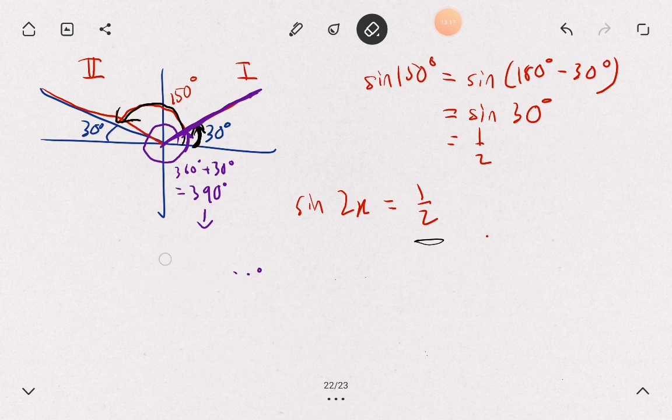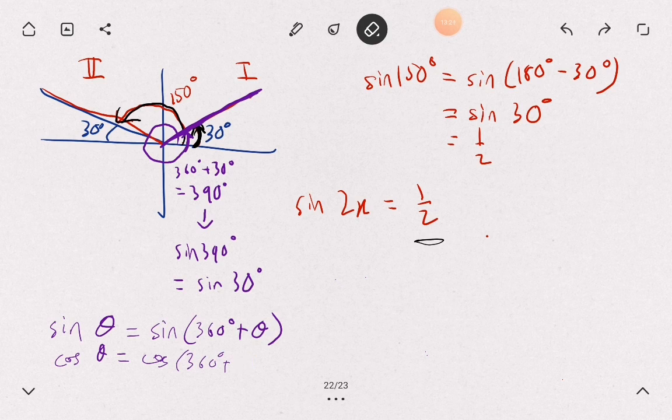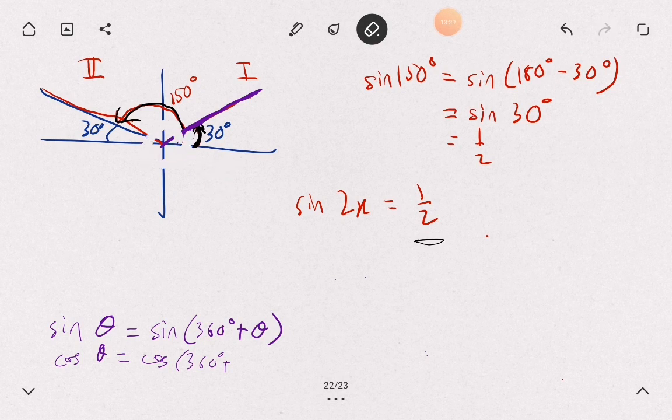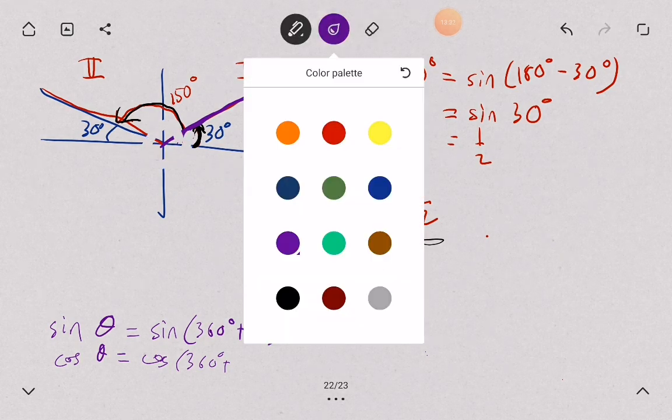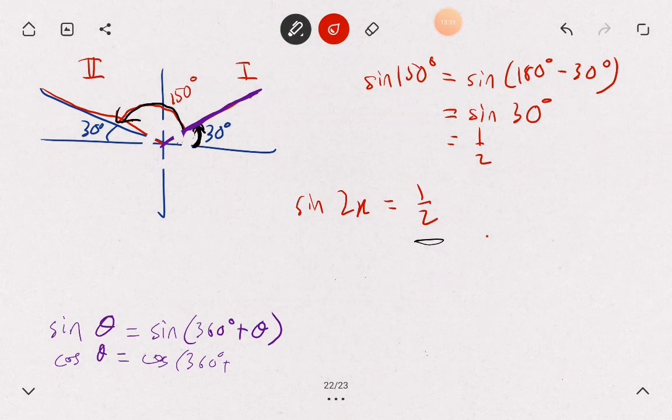And if I go 2 rounds, it's also the same. So maybe I don't go 1 round, I go 2 rounds. Look at the right angle. I go 1 round, I go another round, and then I come back to the same line.